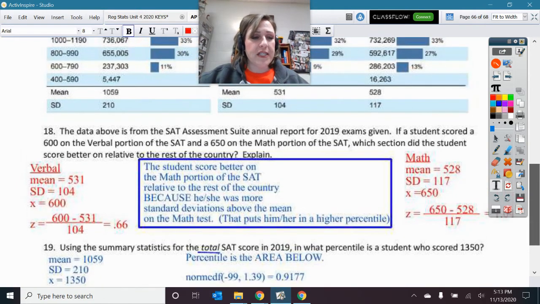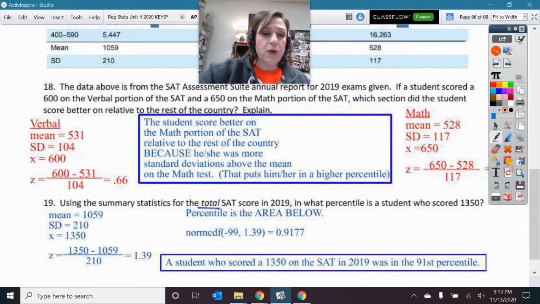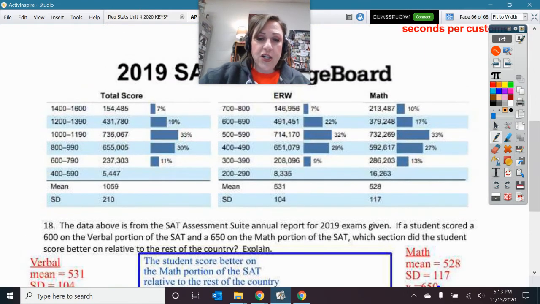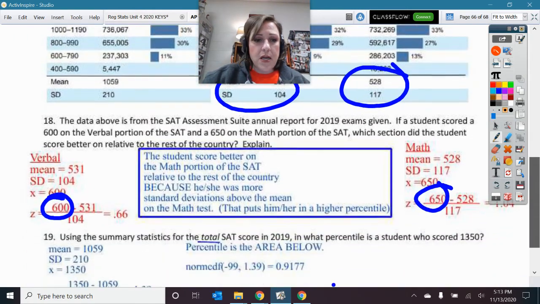Here we go, using the data above, which is more unusual? So we've got 600 on the verbal. What's more unusual, 600 on verbal or 650 on math? We used the mean and standard deviation for the English reading writing one, and then the math one.